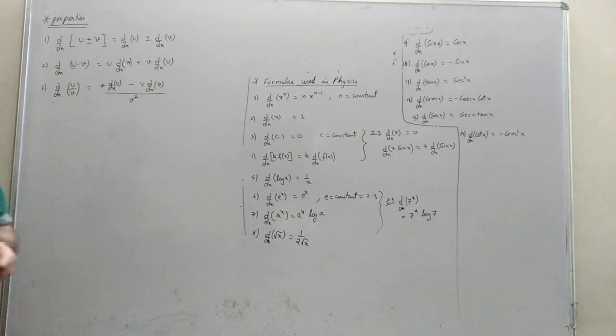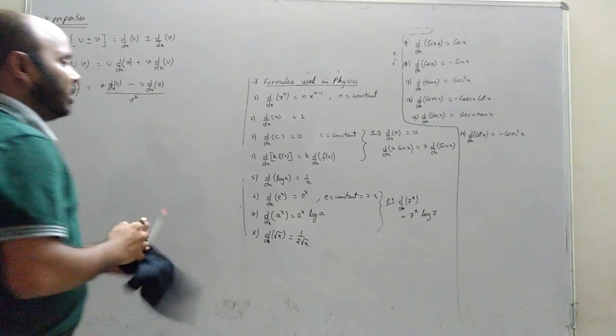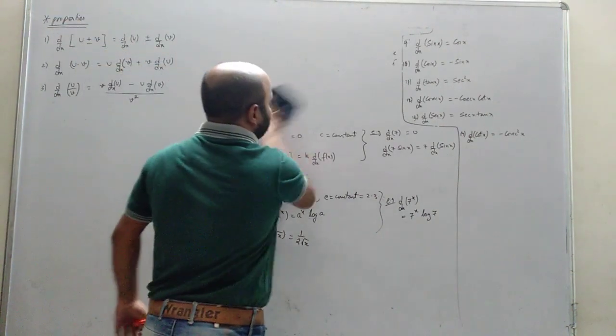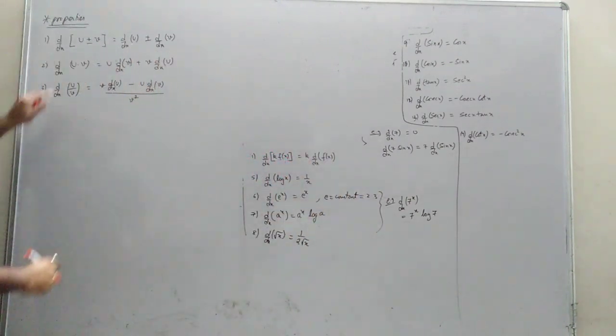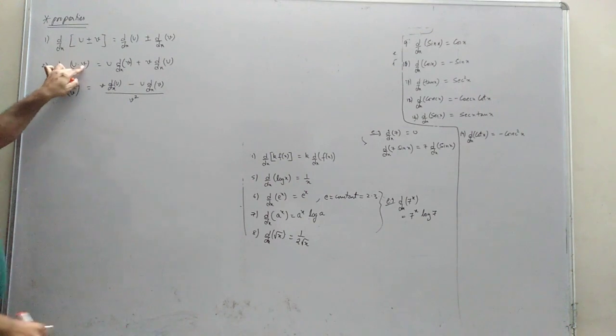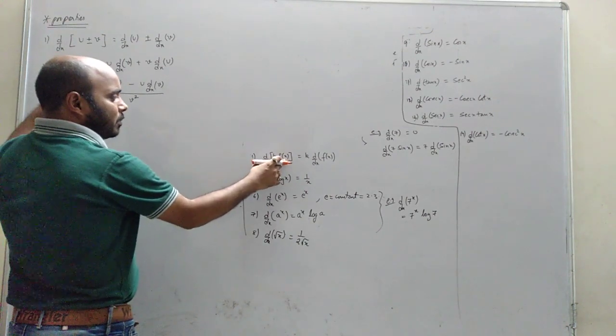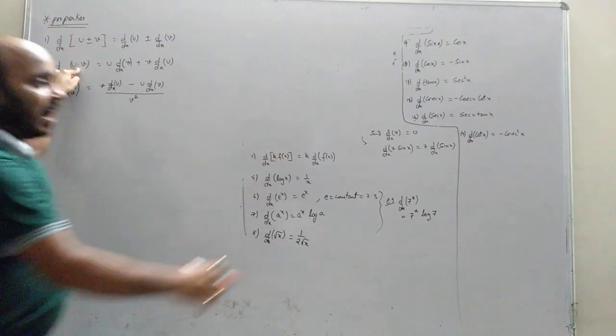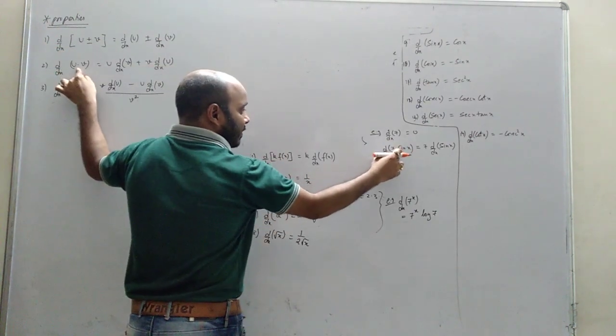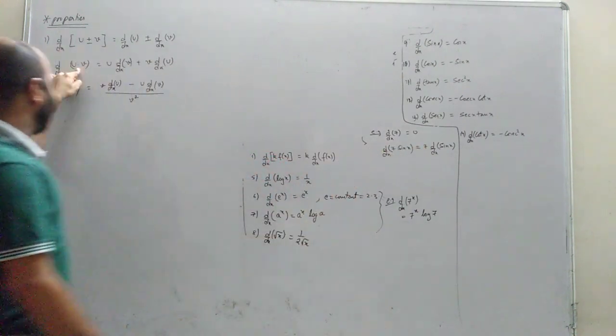Now the question is, what is the speciality of these formulas or properties? Listen very carefully to what I am saying. Here is differentiation of something into something. Here also is differentiation of something by something. So what is the difference between this and this? Here, in something into something, the constant came outside, but here it did not.